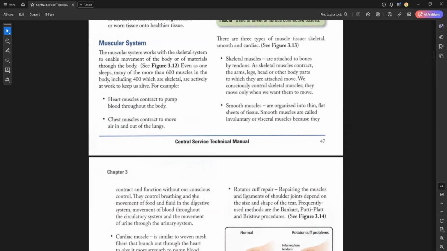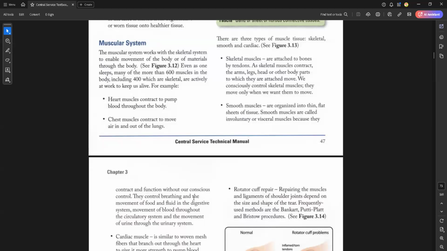But with the smooth muscles, they do not need any command. They work on their own. When they stop working, that means you are dead. So that's why they use the word involuntary.